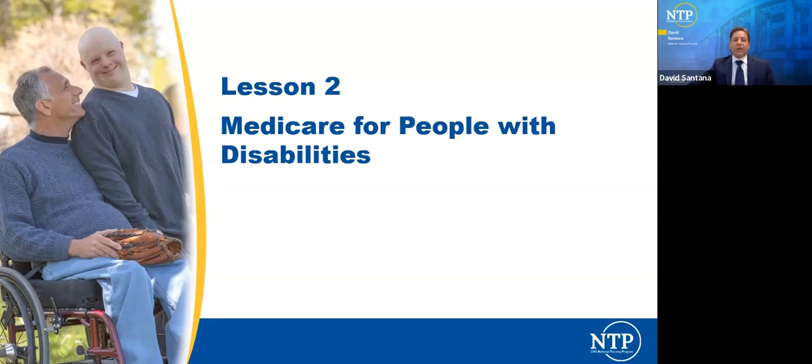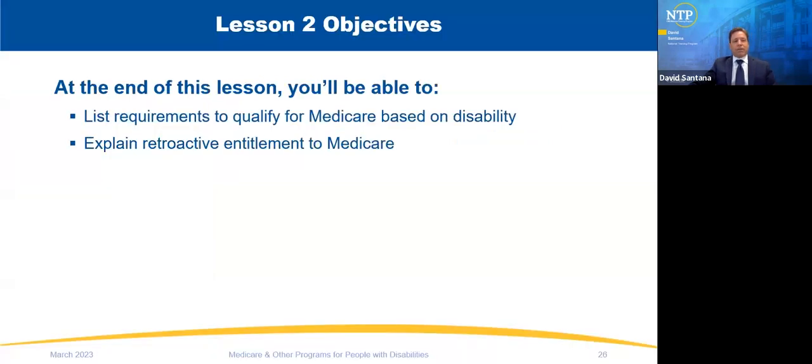And lastly, we're going to look at other programs that are available to people who have disabilities, specifically those who have limited income and resources. The main objectives of this lesson are to list the requirements to qualify for Medicare based on disability, and also explain retroactive entitlement to Medicare.